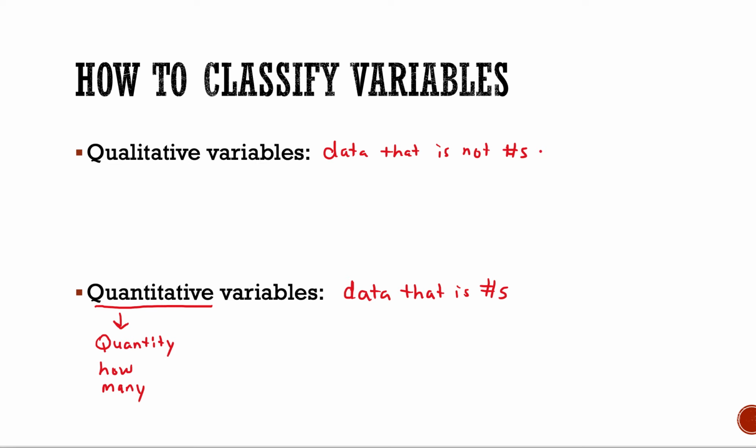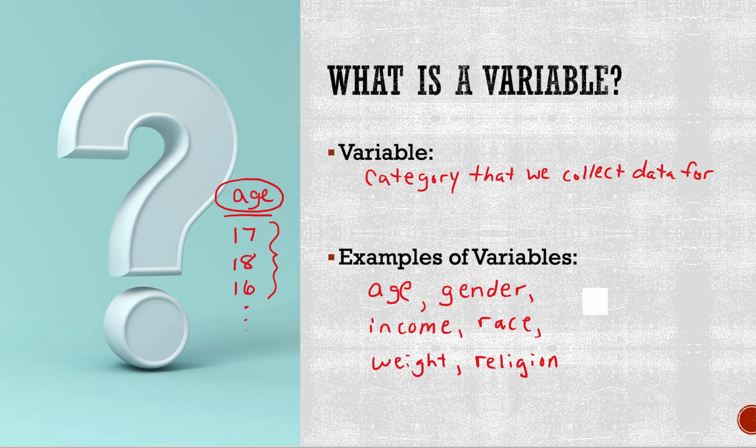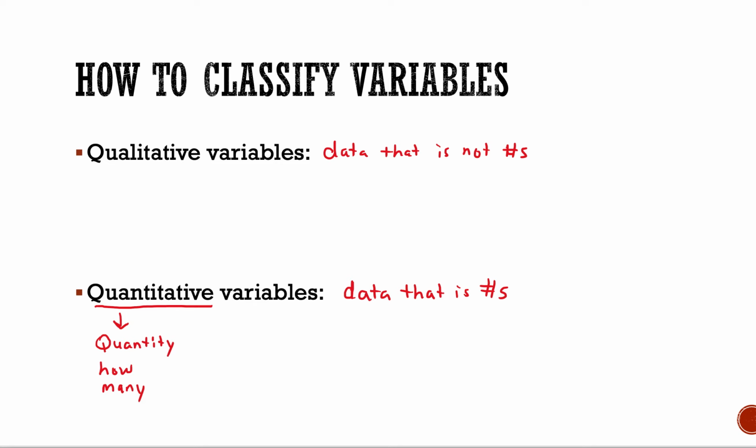Okay, so what I'm going to do is I'm going to go back to this slide where we wrote down some examples of variables. We wrote down age, gender, income, race, weight, and religion. And I'm going to classify those examples.